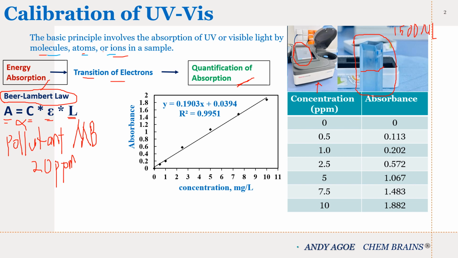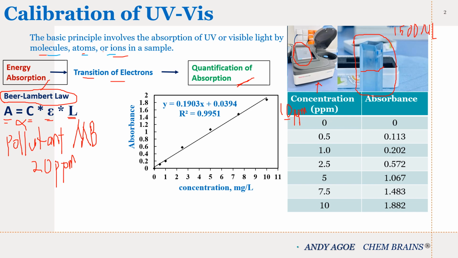In today's video, the equipment you'll be using is the Thermo Scientific Genesis ultraviolet visible spectroscopy, and this type of equipment has a detection limit of 10 ppm. So it means that I cannot measure any absorbance above 10 ppm. So what then do you do?